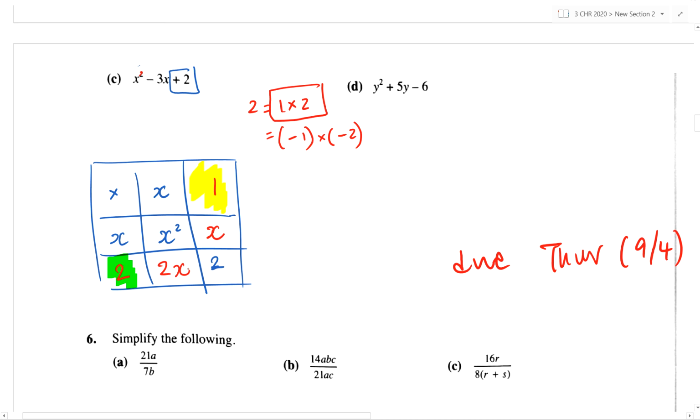Let us add x with 2x in order to check whether we get the final term. So x plus 2x is 3x. It is not the same as -3x. So based on this, I know that I have guessed wrongly. So it can't be 1 and 2 anymore.